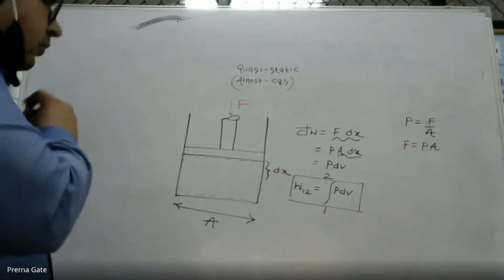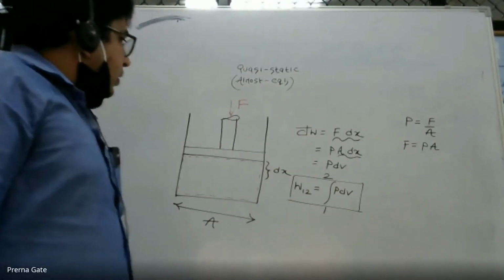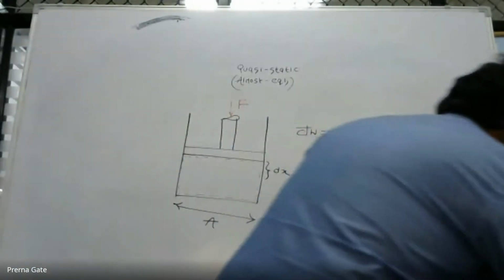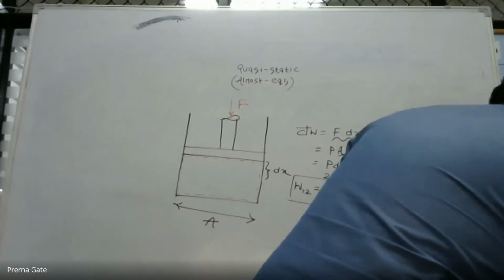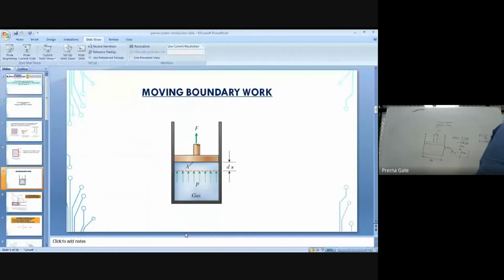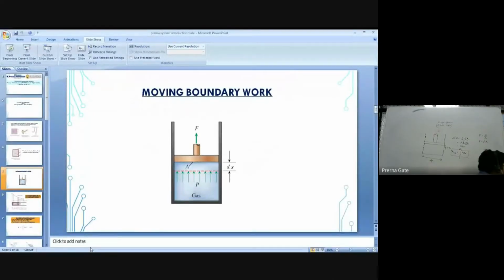Okay, so I hope you have written down. So we have derived the equation of work done for a quasi static process for a moving boundary work.